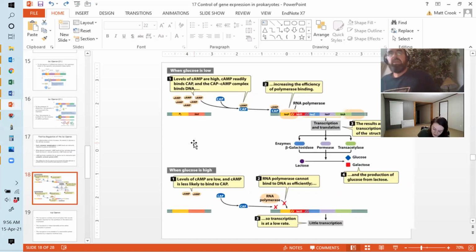And so CAP is a promoter of RNA polymerase binding, but only when it's bound to cyclic AMP.